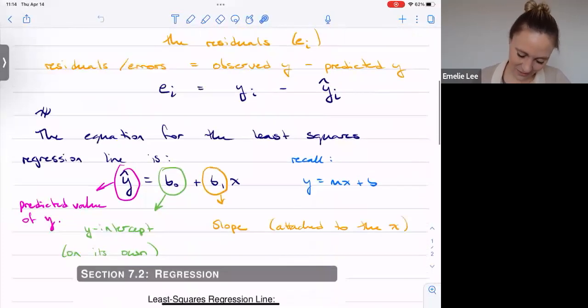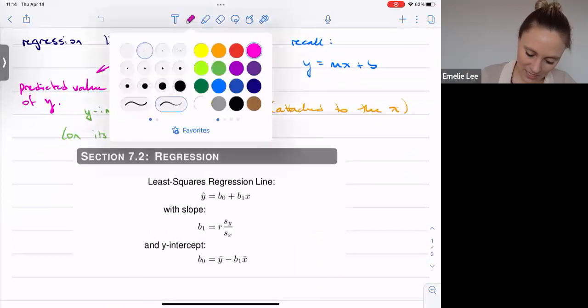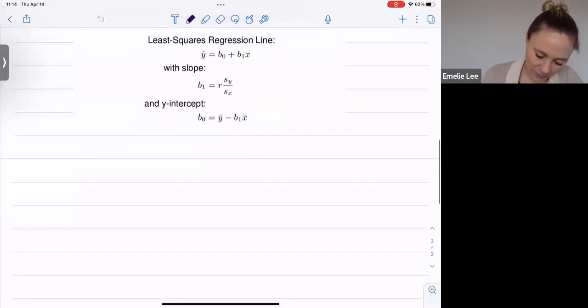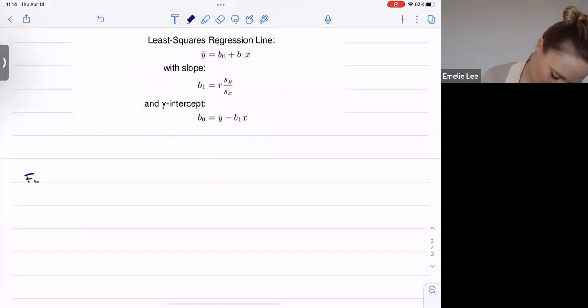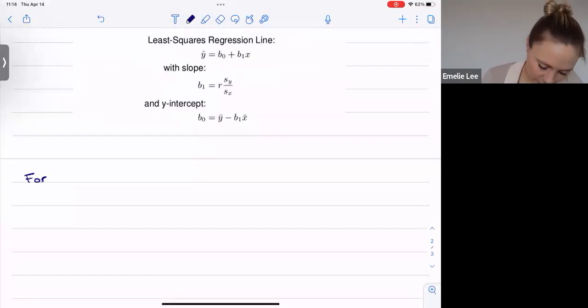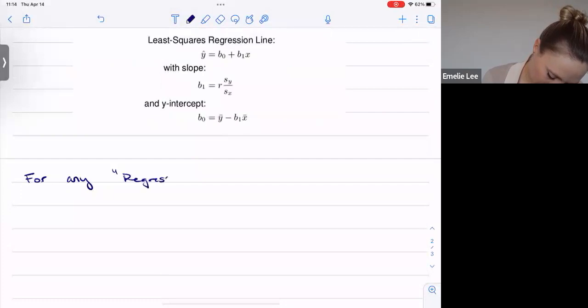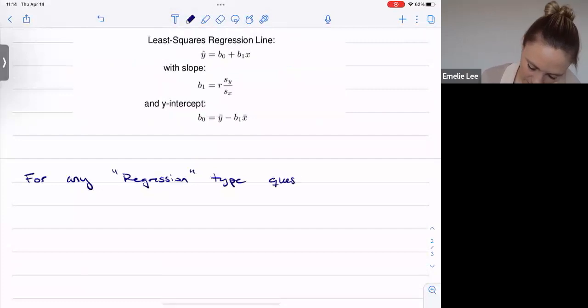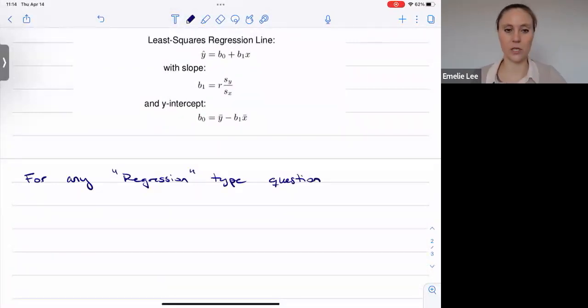No. Okay. But what I want to say is for any regression type question, and I feel like we even talked about how to calculate it, right?